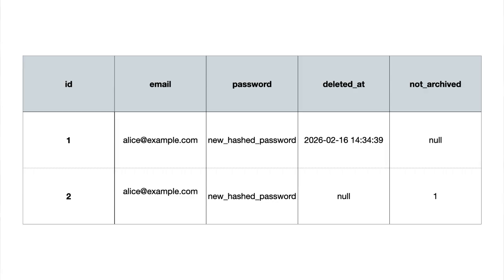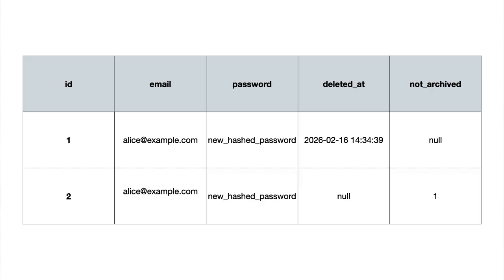Now, this is a really cool trick, but it's a little obtuse. So here's how it works. The generated column not archive evaluates to 1 when deleted at is null, meaning that the user is active, and it evaluates to null when the user has been soft deleted. Your unique constraint works here because MySQL will allow multiple null values in a unique index.